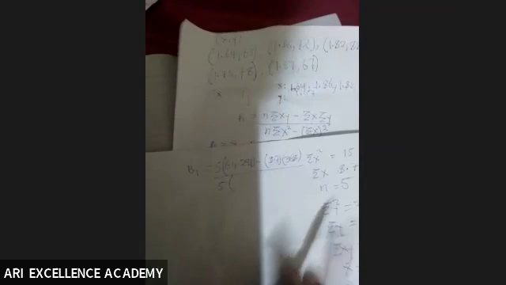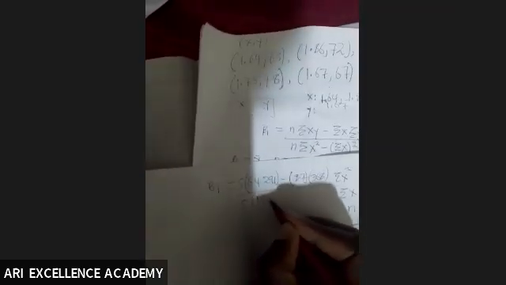What is summation of x squared? Summation of x squared is here, 151658. See it? So it's 151658 minus, what comes next? You open the bracket. Summation of x. What is summation of x?